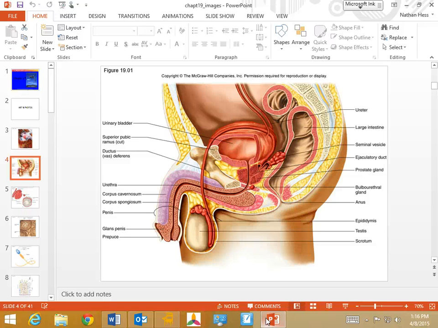The bladder, okay, you can see they have what they call the superior pubic ramus. It's basically your hips, right? Not the ilium. We're talking more about the pubis bones. Remember, there's the ilium and the pubis and the ischium, those three bones that make up our hips. So that's what you're seeing here. You're seeing that pubic bone that's been cut so you can see the other organs around it. But it does run right down the center there.